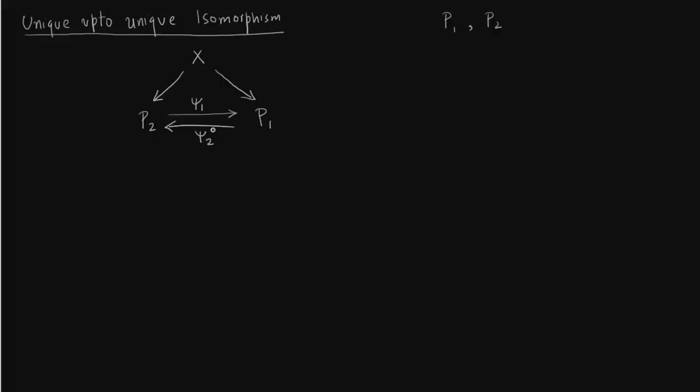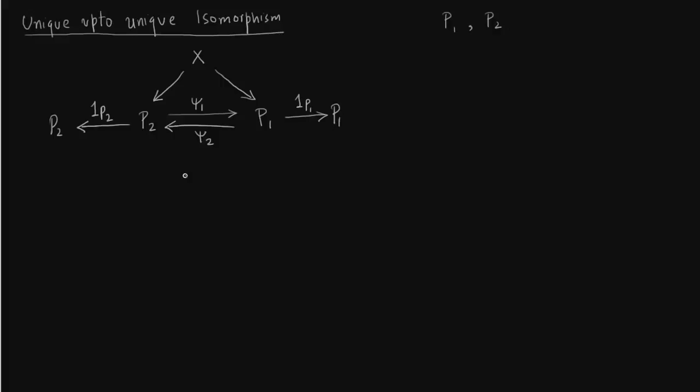Now, if you consider P1 as a terminal object, then we have an arrow from P1 to P1, which is the identity morphism. This also comes directly from the definition. And similarly, we have P2 to P2, again an identity on P2.